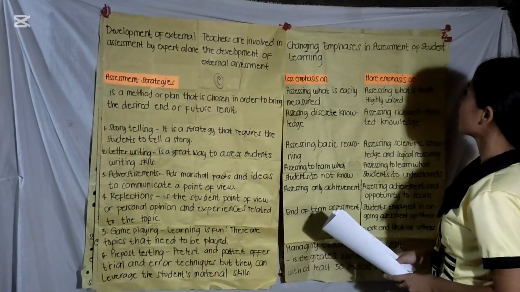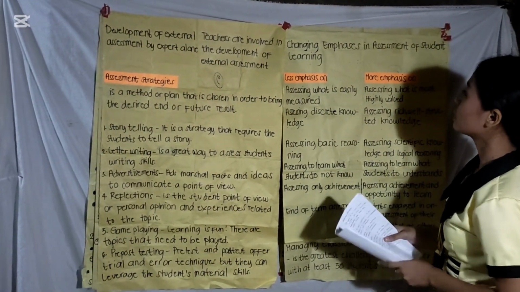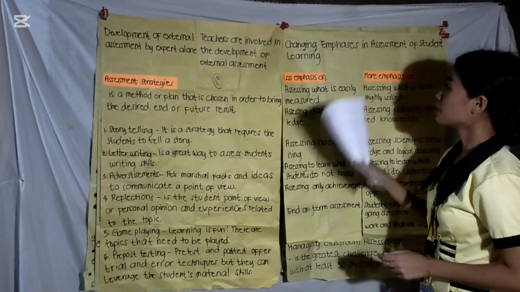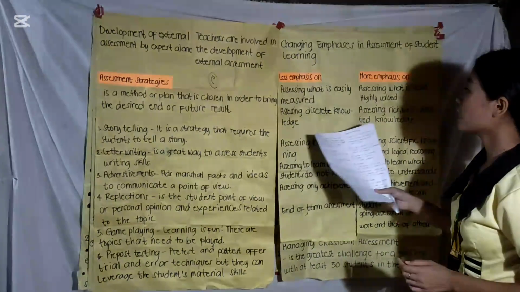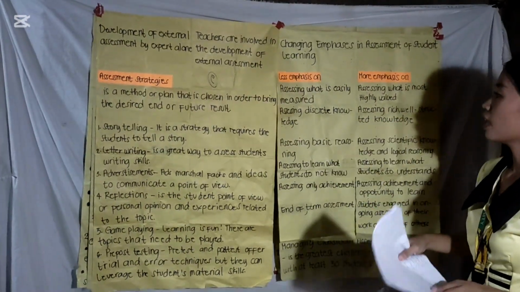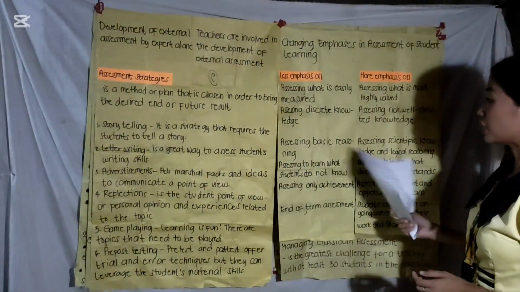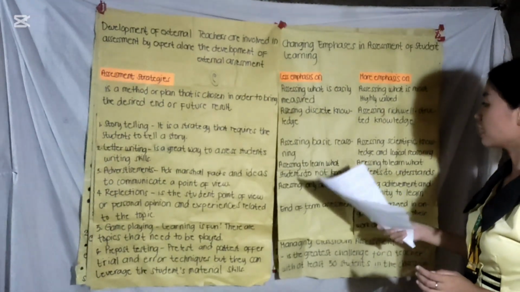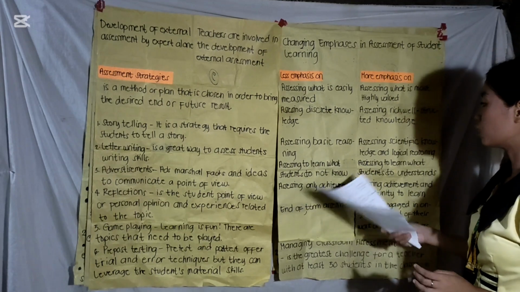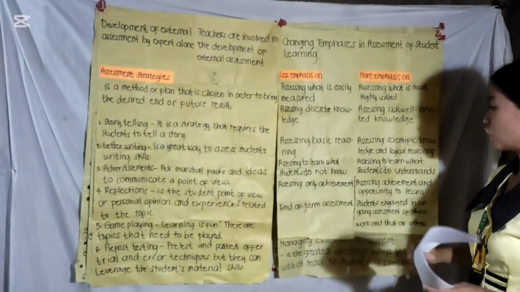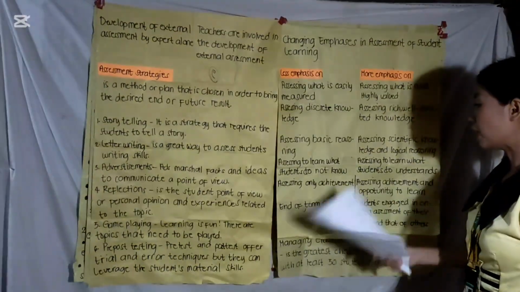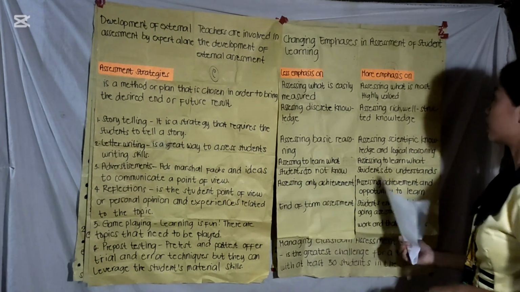Changing emphasis and assessment of student learning. Less emphasis on assessing what is easily measured, assessing discrete knowledge, assessing basic reasoning, assessing to learn what students do not know, assessing on achievement, end of term assessment.